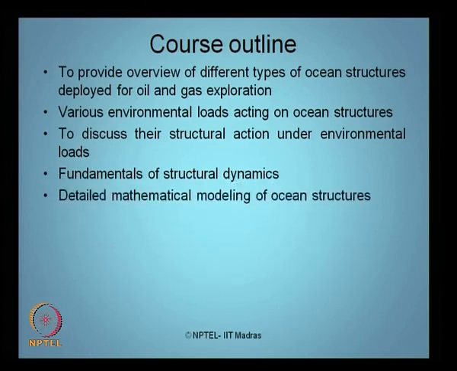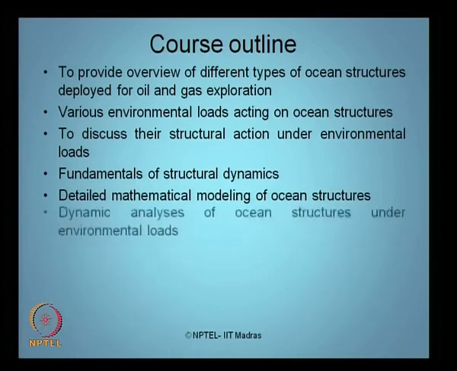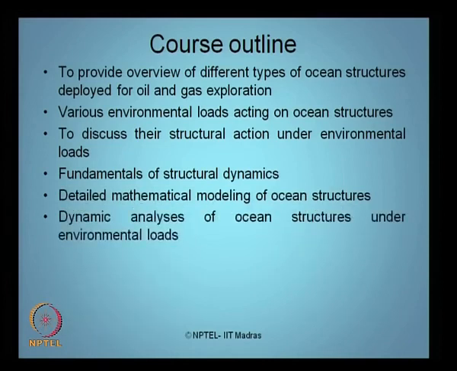Detailed mathematical modeling of ocean structures: how are they modeled mathematically? Dynamic analysis with some specific examples, which we will solve here, which will show you the results. Fluid structure interactions, a very important vital component of the dynamic analysis of ocean structures. So I must understand this in detail.